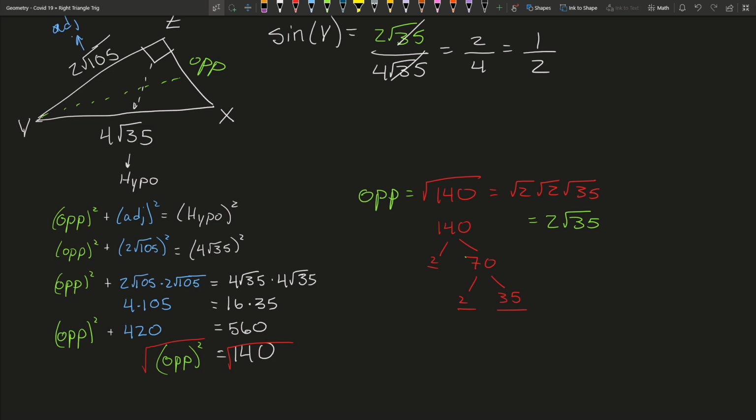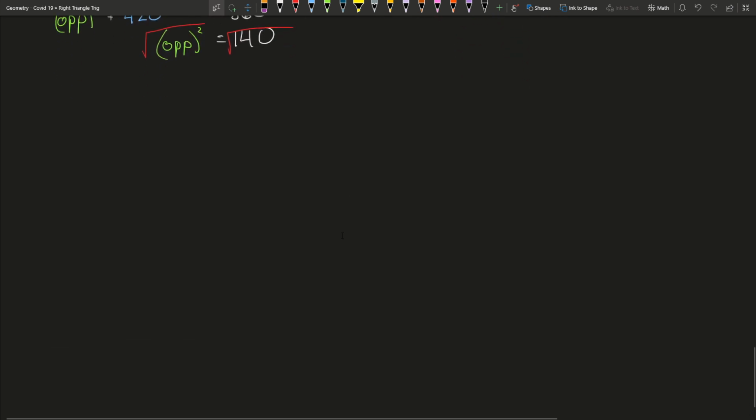Okay. What about the ones where they don't cancel out? If they don't cancel out, you still need to rationalize. All right. So say at the end of everything, we just had sine of theta is equal to 2 rad 7 over 3 rad 8. Those don't cancel out, but your answer is still not rational. So we need to rationalize it.